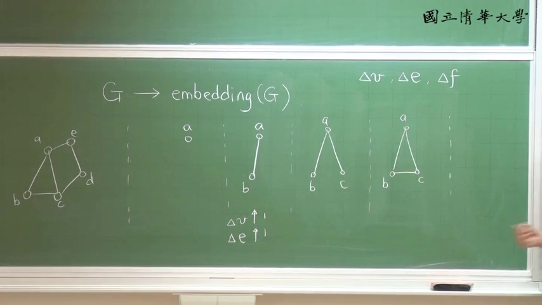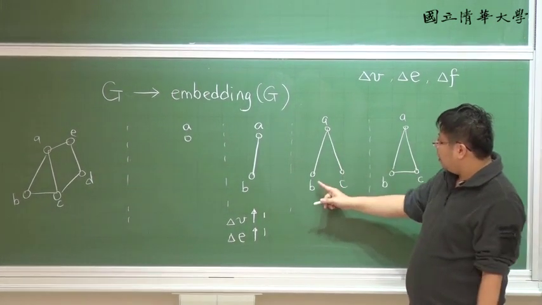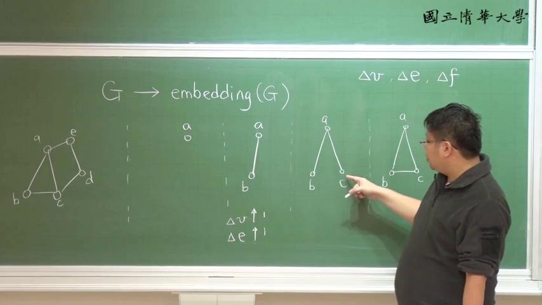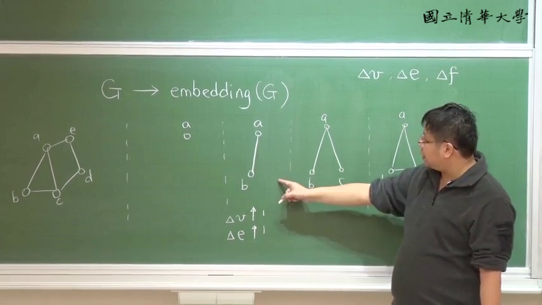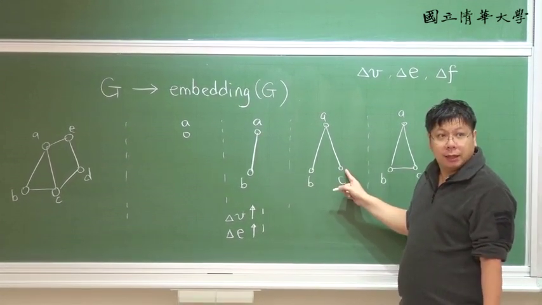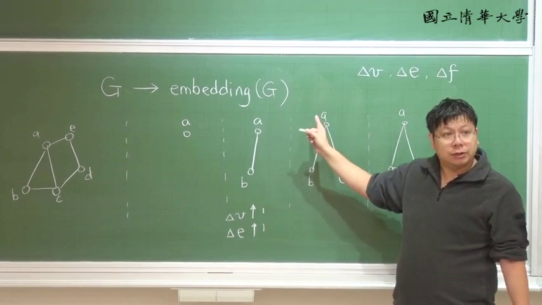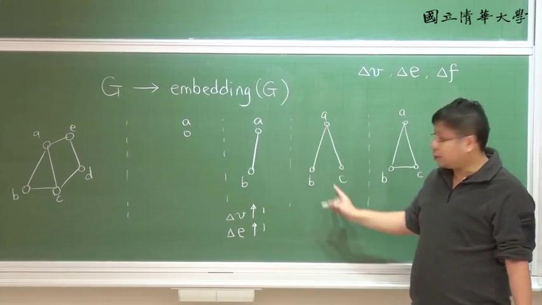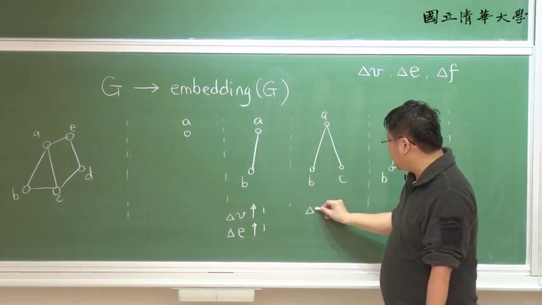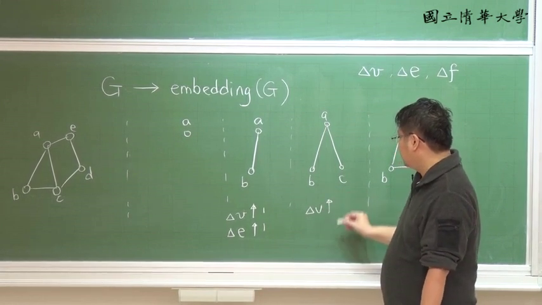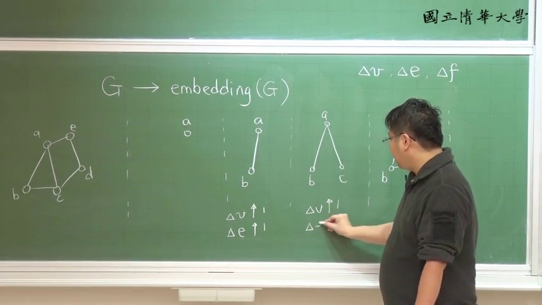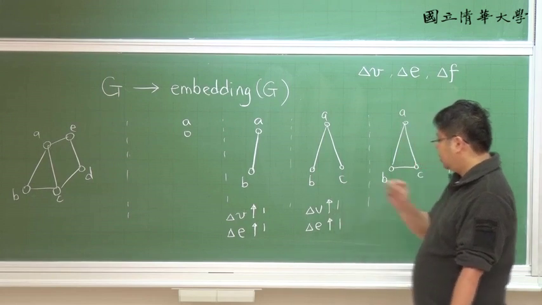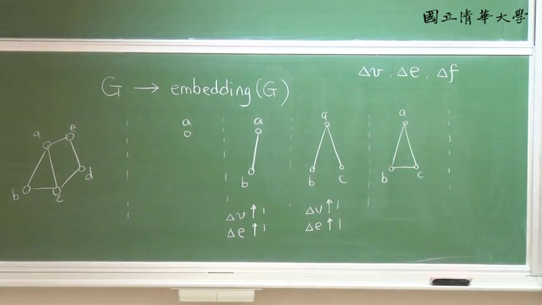Is that okay? And how about this one? For this one, from this one to this one, we are adding a new vertex C and then adding a new edge at the same time. So this is similar to this one. So the number of vertices will increase by 1, and the number of edges will increase by 1. Okay, is that okay?